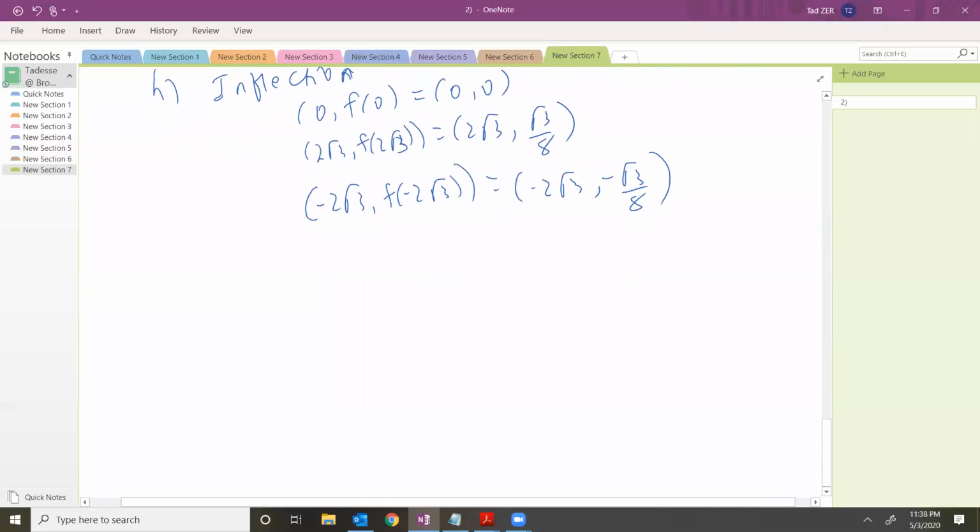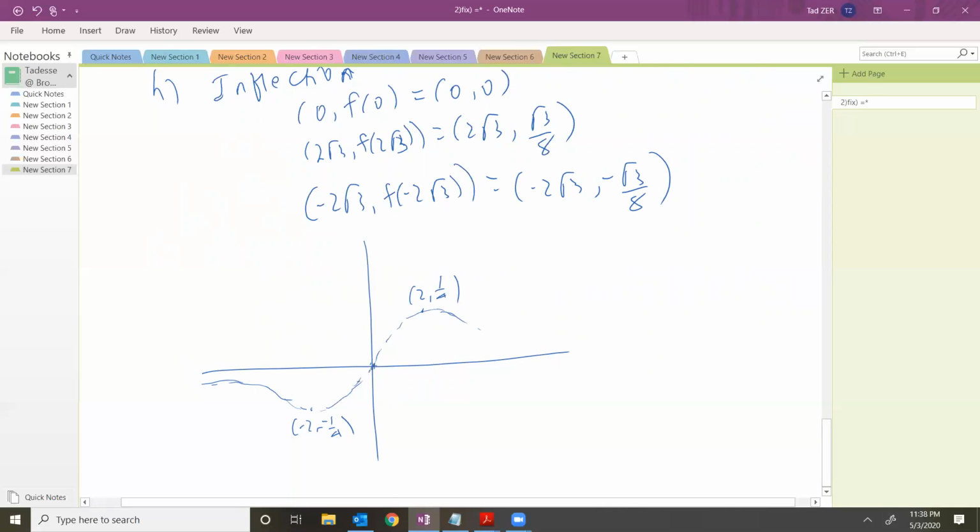Now, if you use all that information to graph it, this is roughly what the graph looks like. So this is -2, -1/4. This is 2, 1/4.